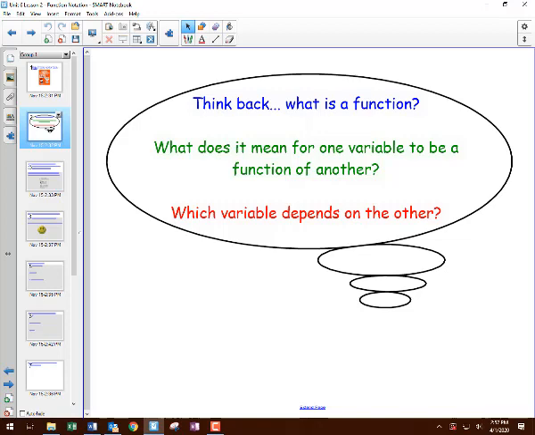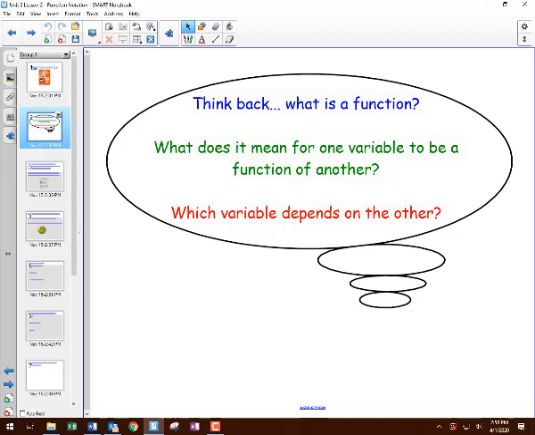We talked about ranges, which is your y values, and domains, which is your x values. We're not talking a lot about that today, but it all counts for background knowledge that you will have to use. What does it mean for one variable to be a function of another? Which variable depends on the other?